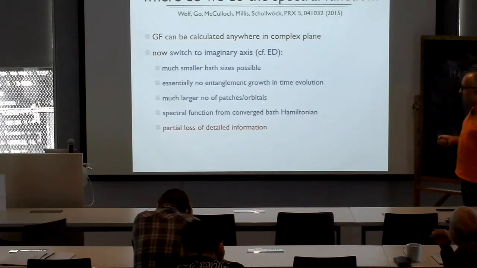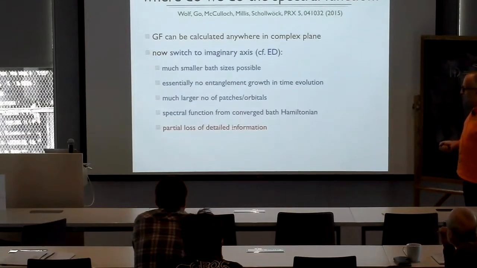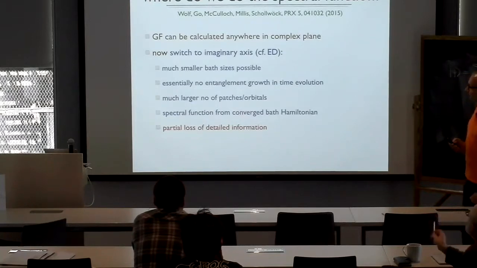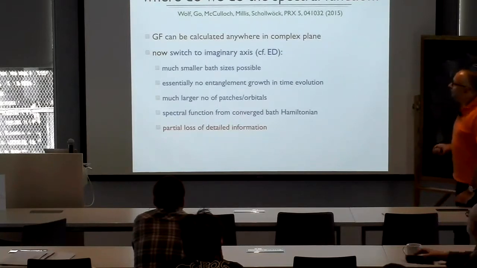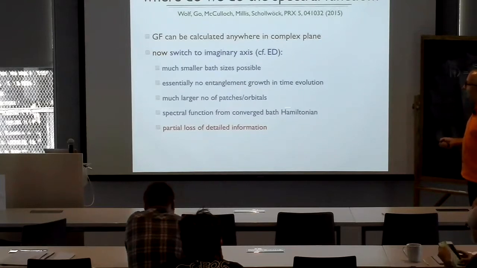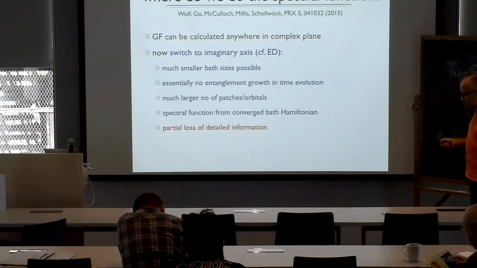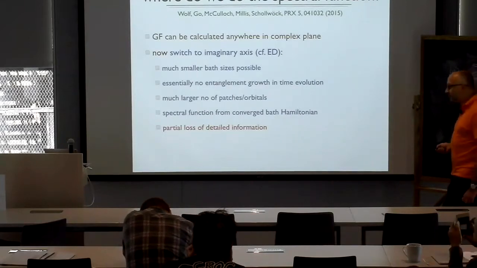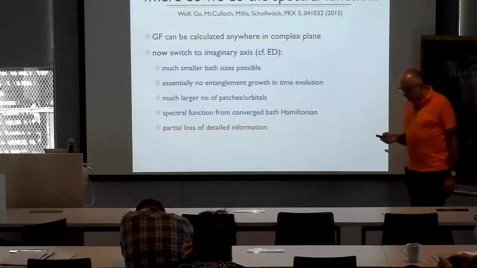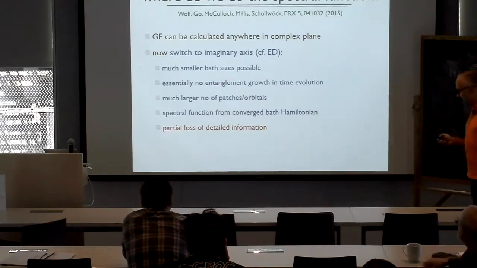We would then expect that we can deal with a much larger number of patches and orbitals. The spectral function we could then obtain either by analytic continuation, or we could even try to look at the converged Bath Hamiltonian. The price to pay is, of course, that this is where we lose information. On the imaginary axis, thermodynamics should do just fine.